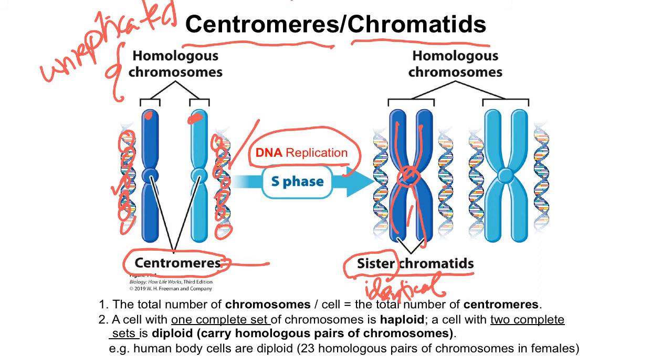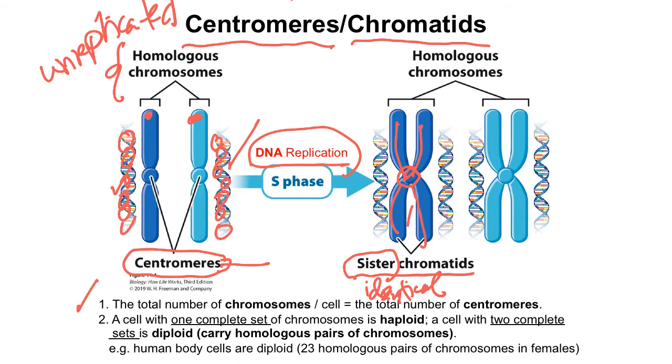What is important that I need to emphasize here early on is that if you want to count the number of chromosomes inside a cell, the way to do it is to count the number of centromeres. It is not the number of strands that you see that is the basis for the number of chromosomes, but the centromeres that hold those strands.